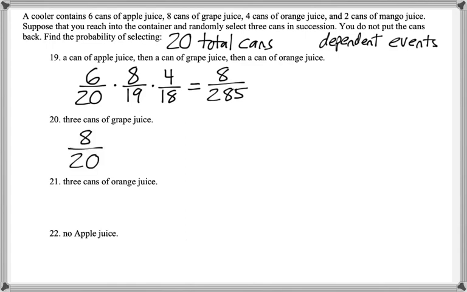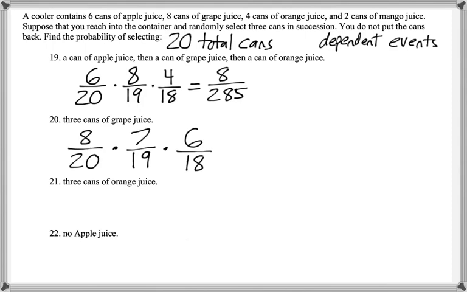So the first probability will be 8 over 20. And then we multiply by the second one, which is 7 over 19. So it's 7 over 19 because there's only 7 cans of grape juice left over 19 cans.